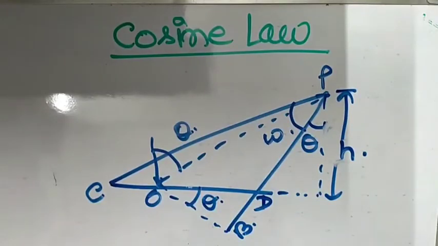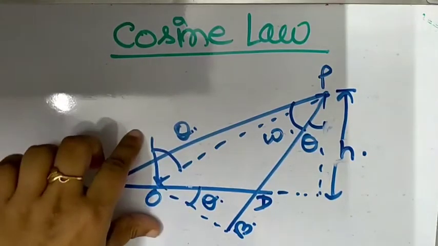Now let AB be the surface perpendicular to OP.